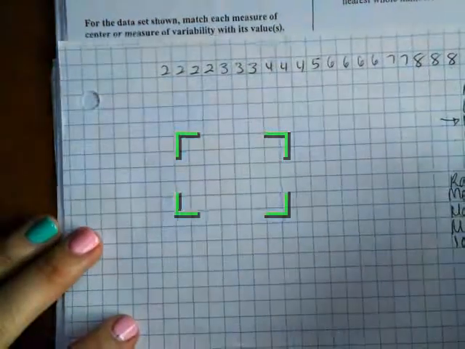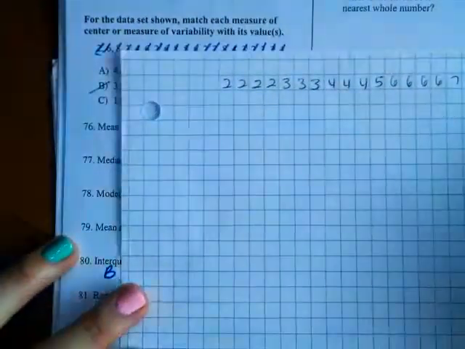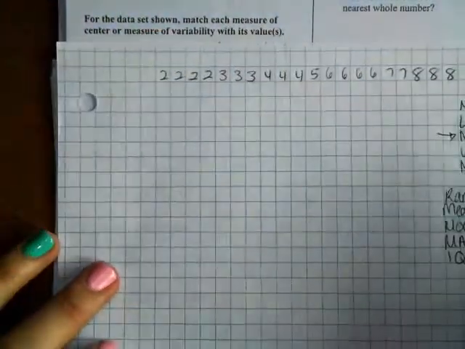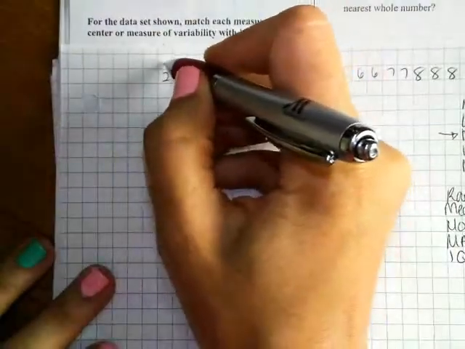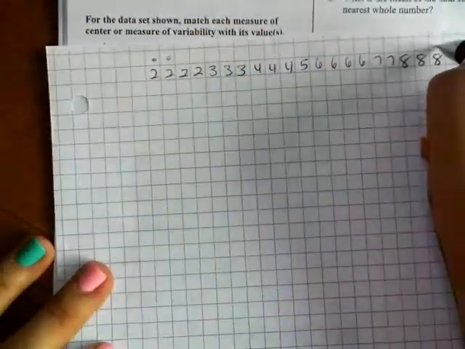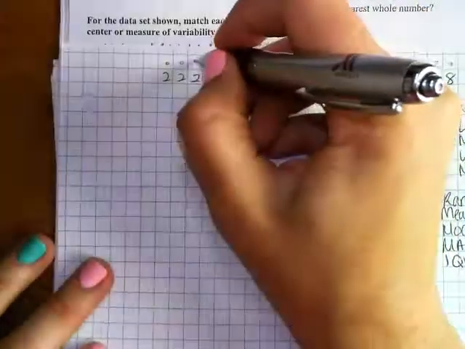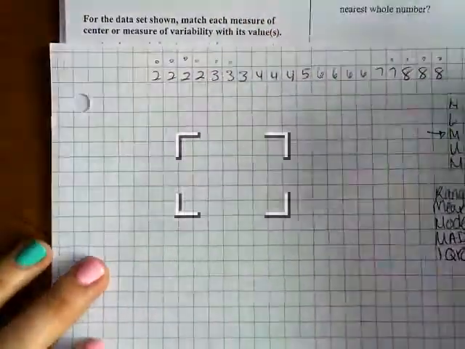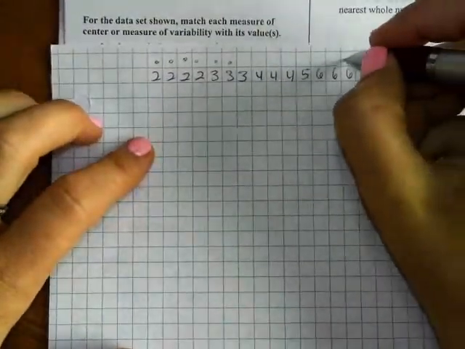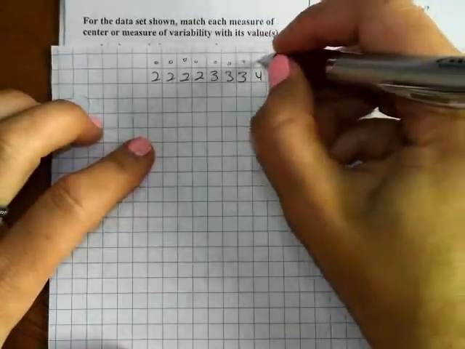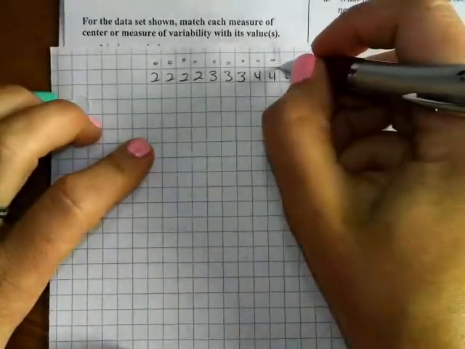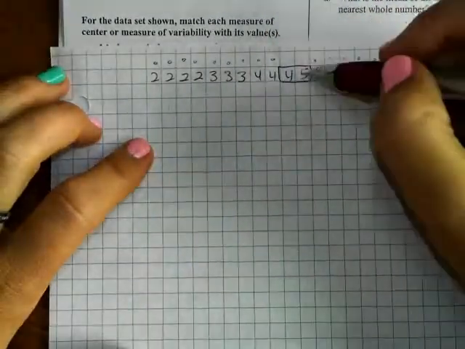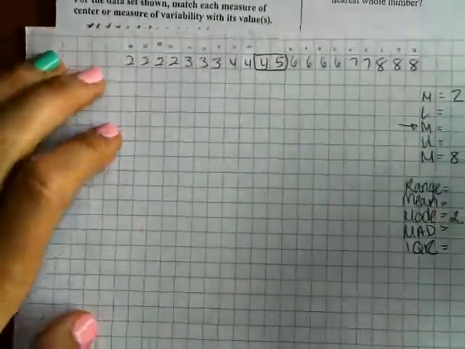Okay. They're not asking for minimum, they're asking for median. So I'm going to count in from both ends. 2 numbers left to represent the median. The number between 4 and 5 is 4.5.